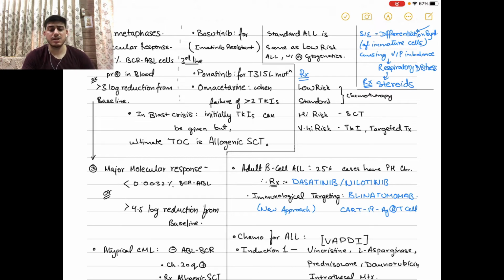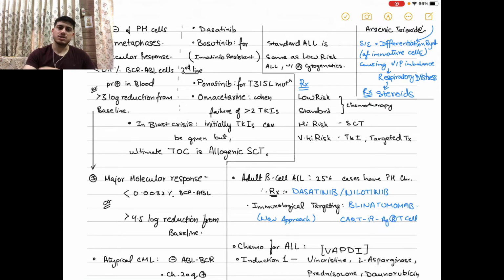Standard ALL is basically the same as low risk ALL, but there will be normal cytogenetics, like the translocation. I already told you that there will be no translocation in standard. No abnormality there. Apart from translocation, all other features will be the same as low risk ALL. Then in high risk patients we will do stem cell transplantation, and in very high risk, those patients are already on the verge of dying and having a bad prognosis, we will give tyrosine kinase inhibitor and targeted therapy because the cancer has already spread in blood and all other organs.